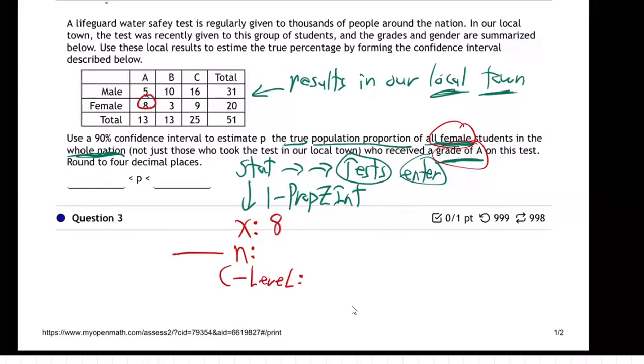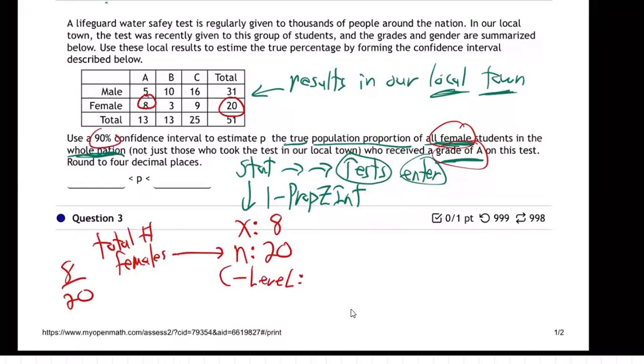N is always the total, but careful now, it's the total number of females, so it's 20, not everybody. Out of the 20 females that took the test, 8 of them got A's. Making sense? It's 8 out of 20.